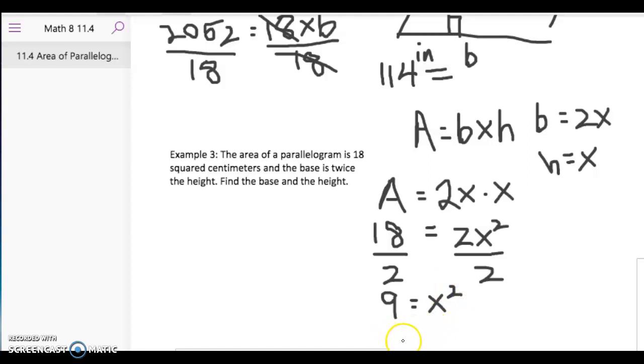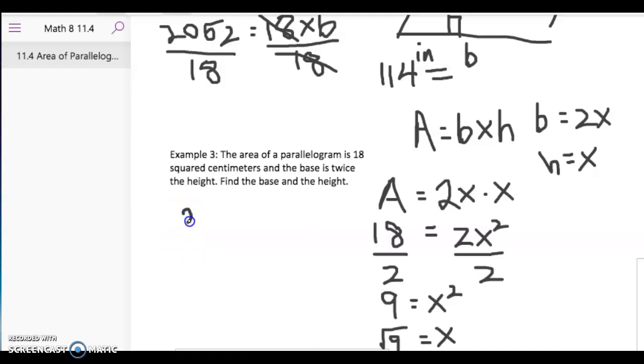And then when I square root this, because I have x squared equals 9, I square root both sides. 9, square root that, which gives me x. Now, we know that for square root, this means what multiplies by itself gives me 9.